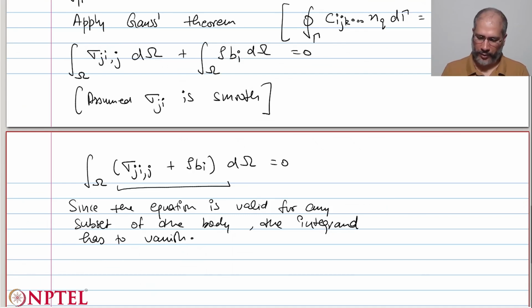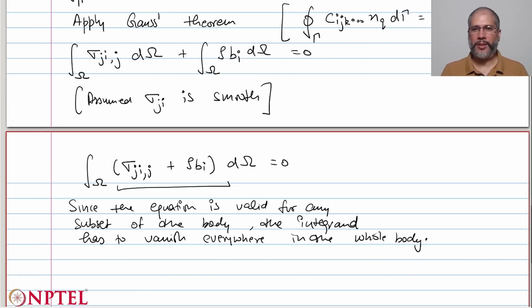So this integrand has to vanish everywhere in the whole body. The whole body is basically the complete domain where the quantity sigma would be defined. Anywhere outside it, it will have no meaning because we're talking about an object which has certain boundaries.